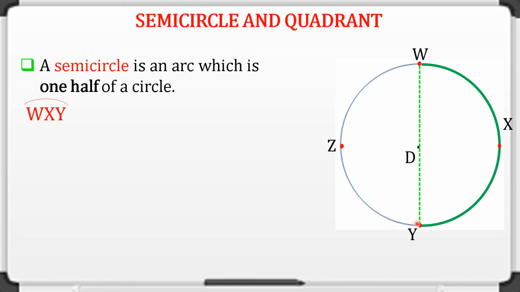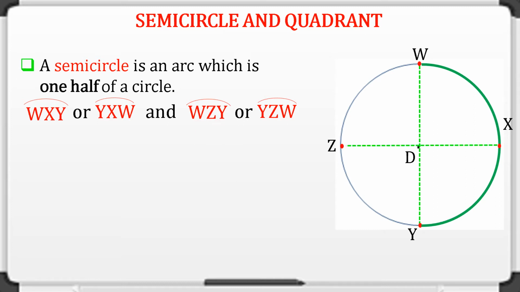At pwede din natin tong tawagin na arc YXW. And the other semicircle in our figure is arc WZY or arc YZW. So as you see, pinapangalanan natin ang semicircle using 3 points.